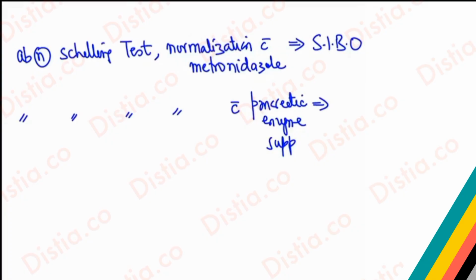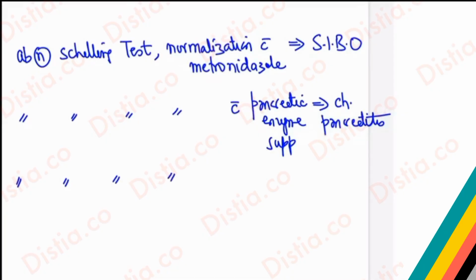One of the reasons for B12 malabsorption is intrinsic factor deficiency, another can be pancreatic enzyme deficiency, and thirdly it can be bacterial overgrowth syndrome. If pancreatic enzyme supplementation is causing normalization of the Schilling's test, the diagnosis would be chronic pancreatitis, which can obviously be confirmed by doing a CT abdomen.